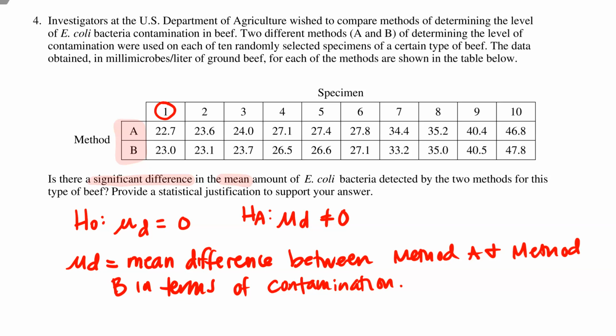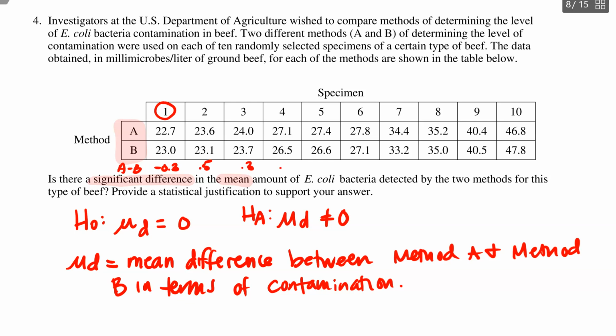The most important thing here is that we're talking about just a single mean, and it's the mean of the differences. So if we went one step further, what this table should have had, and I don't expect them to do this to you guys on the test for this year, but they should have had an A minus B row where we could have seen this one was off 0.3, this one was a positive 0.4, positive 0.3.